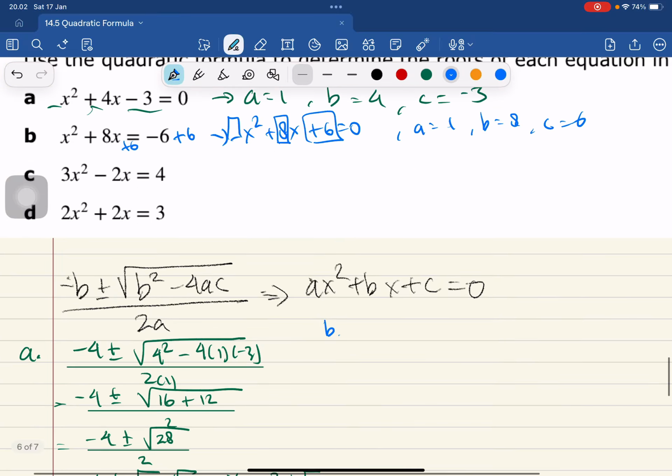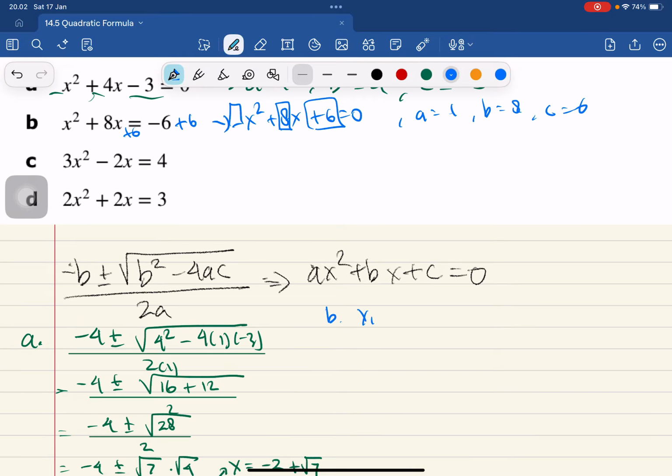Substitute into the formula. So x1,2 equals minus 8 plus or minus the square root of 8 squared minus 4 times a, which is 1, and 6. We divide by 2a, so a is 1, so 2 times 1.